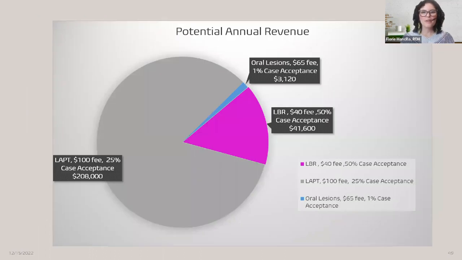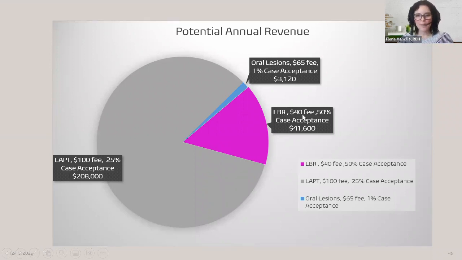So one more thing to review is our potential annual revenue. I know a lot of us are wondering, how can I ask for a raise? Bring this up to your boss, or if you are a dentist trying to increase the value in your practice, with just these three procedures. Starting with LBR, and these numbers are all arbitrary, okay?